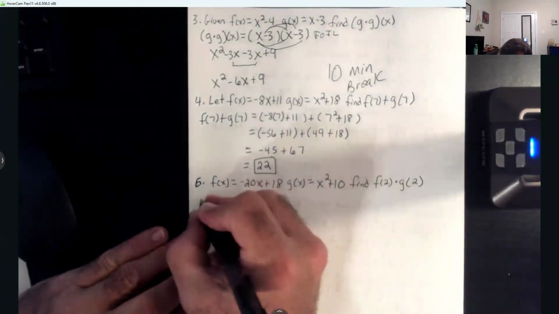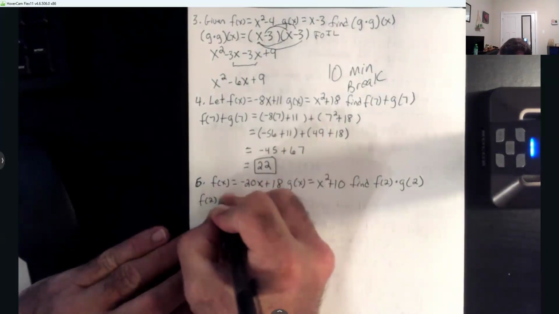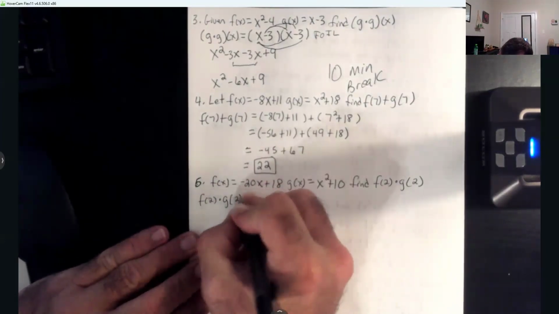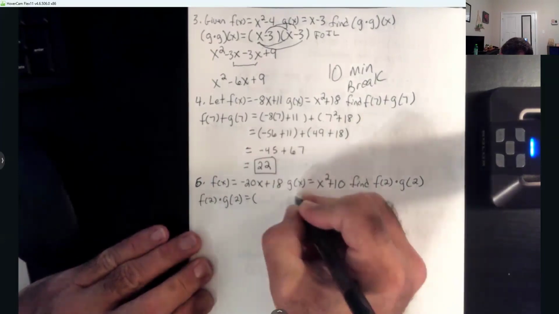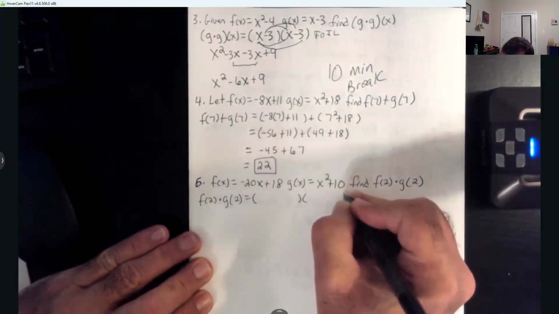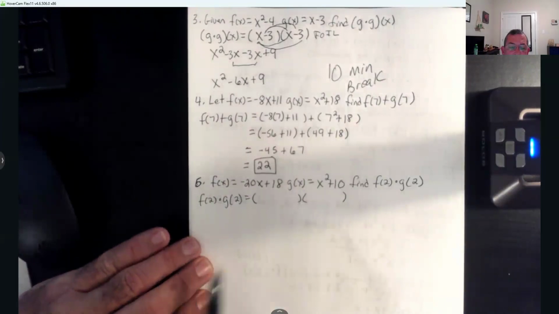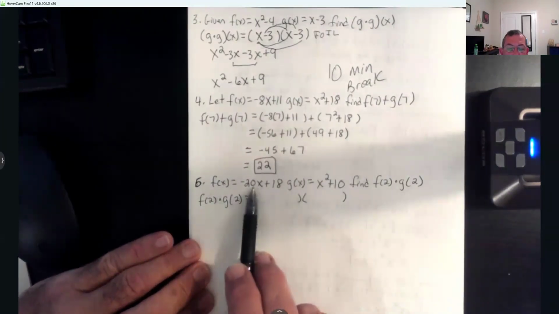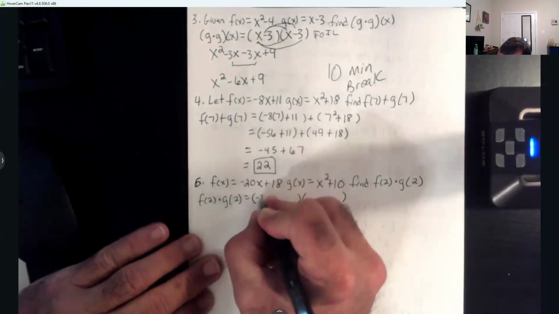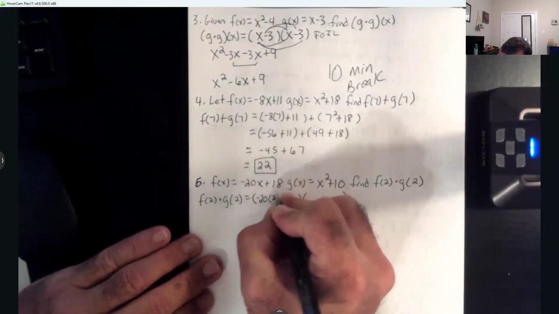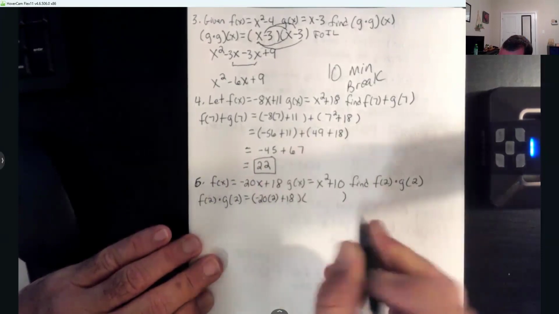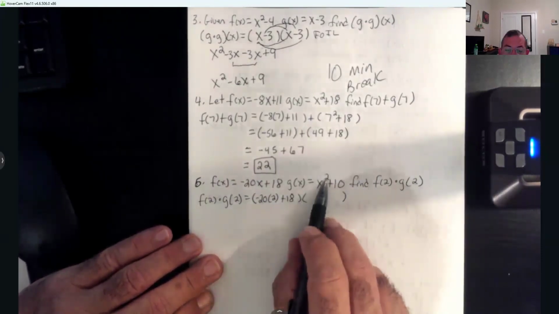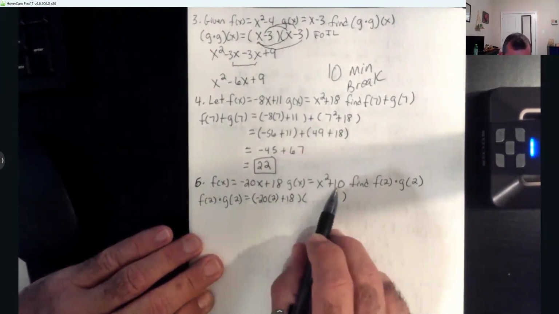So same thing, here we go. F of 2 times g of 2 will equal my f of 2 times my g of 2. And y'all, once again, I'm putting a 2 in for all my x's. So I'll have negative 20 times 2 plus 18. And here I'll have 2 squared plus 10.